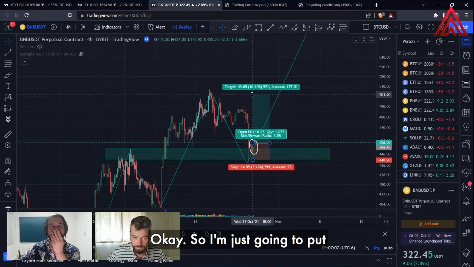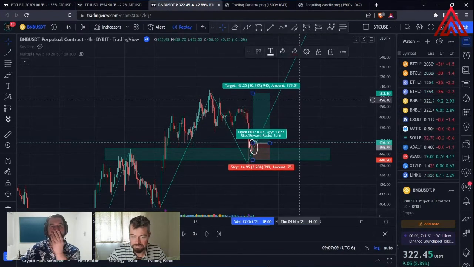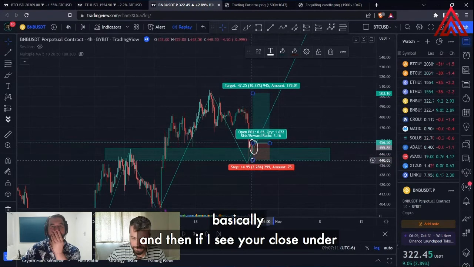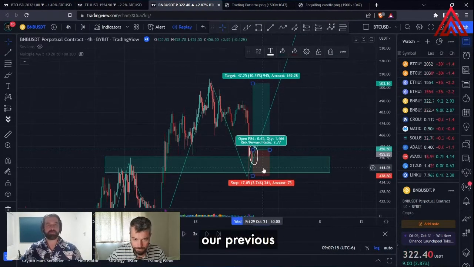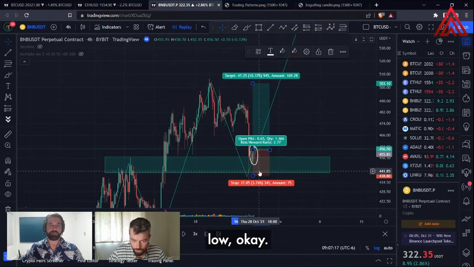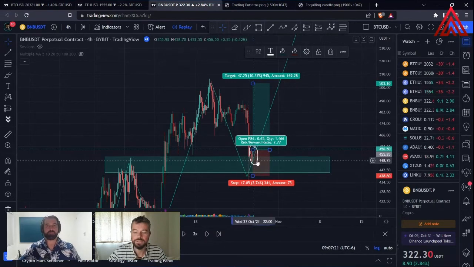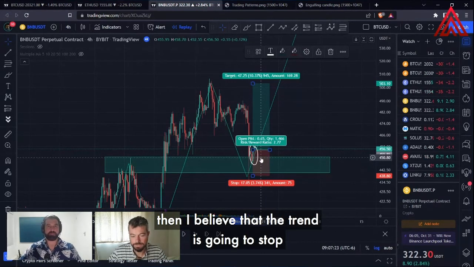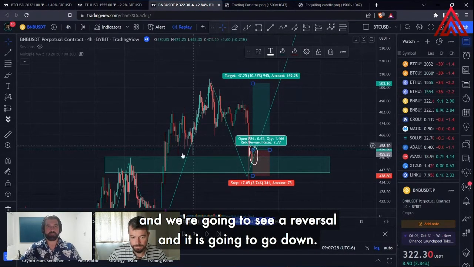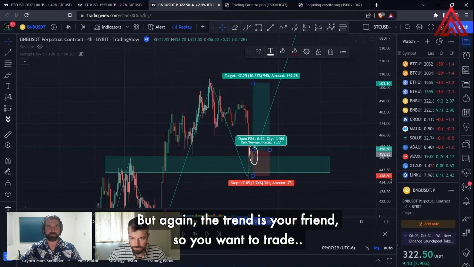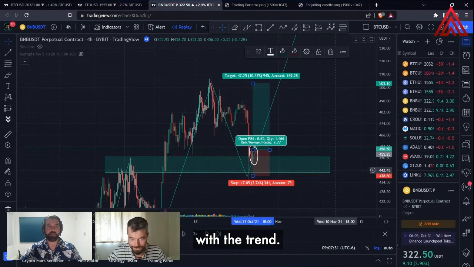Then if I see a close under our previous low, so under this zone, then I believe that the trend is going to stop and we're going to see a reversal and it's going to go down. But again, the trend is your friend, so you want to trade with the trend.